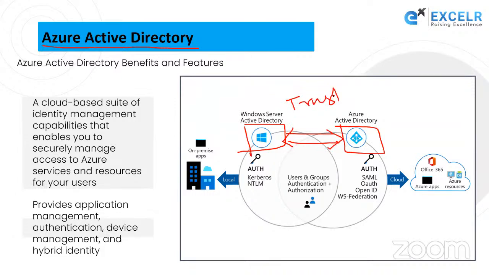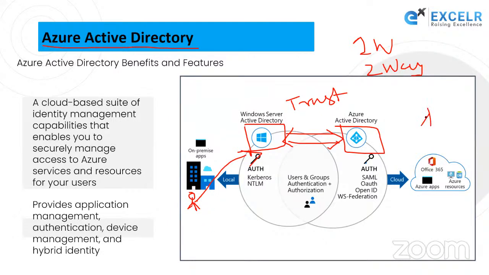There are two types of trust: one-way trust and two-way trust. In the case of two-way trust, any user sitting on-premise who wants to authenticate with the on-premise Active Directory will be able to do it.